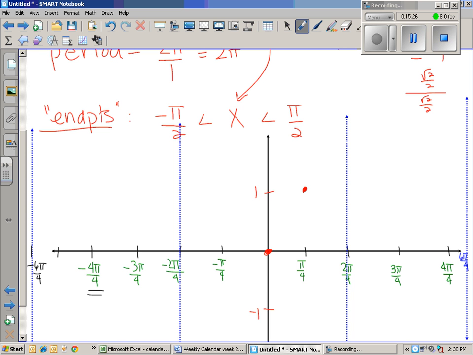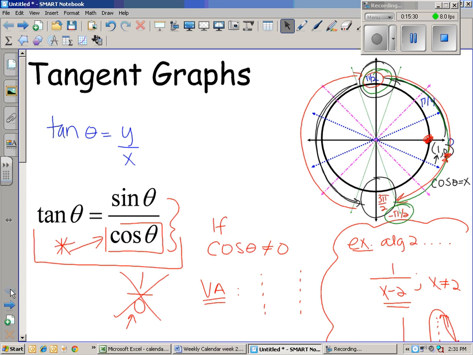Now, negative pi over 4. Let's go back here for just a sec, and I want to look at my unit circle, and I want to go backwards. So right here, this says root 2 over 2, comma negative root 2 over 2. So what's this? Negative root 2 over 2 divided by root 2 over 2.